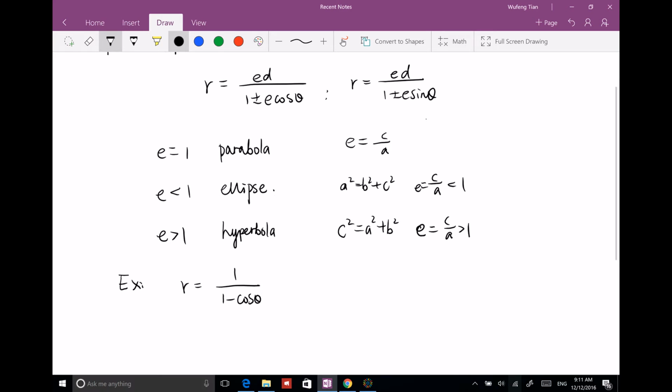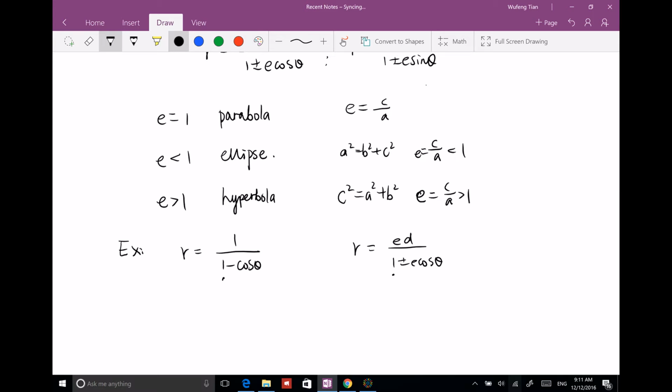Okay, so we compare with r equals ed over 1 plus or minus e cosine theta. Since this is 1 and this is 1, we don't have to change anything.